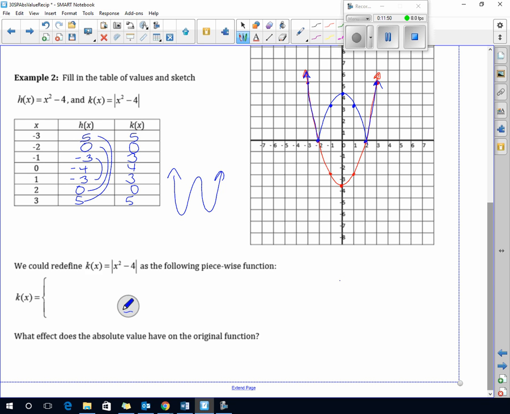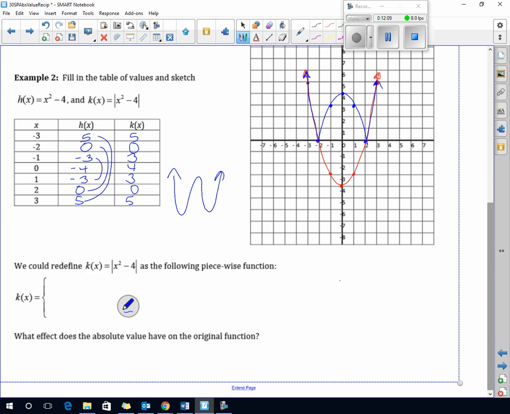And what happens in the middle here? Yeah, basically it's the same parabola that just got reflected, right? Like this would continue this way, and it's a parabola going like that. Okay? So I'm going to say it is the regular x squared minus 4.